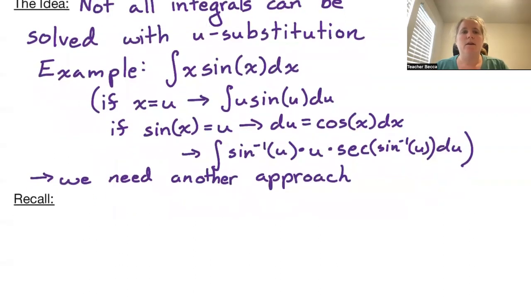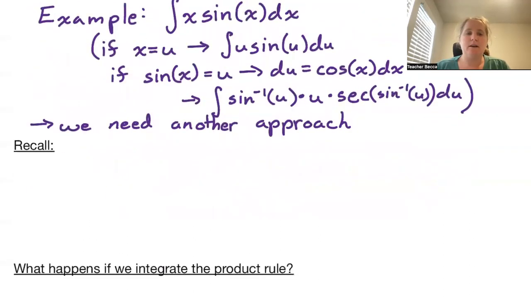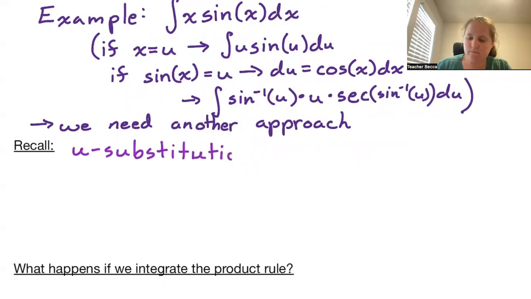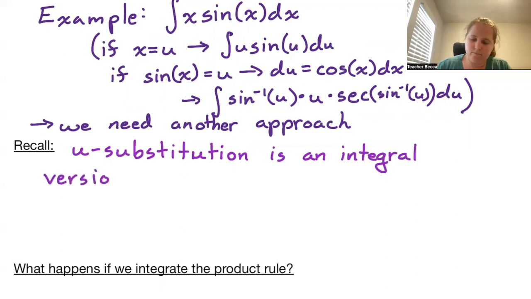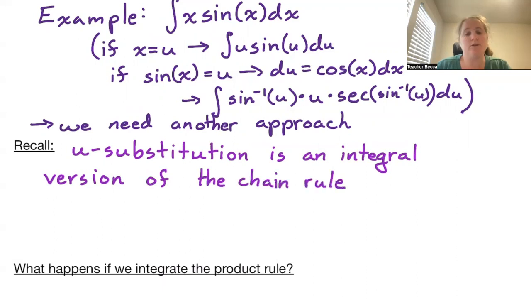Now, the u sub is basically an integral version of the chain rule, right? So recall u substitution is an integral version of the chain rule, essentially, or it's integration using the chain rule.